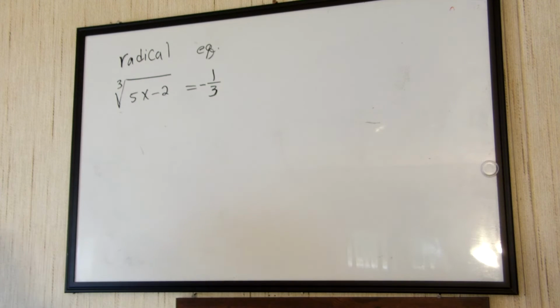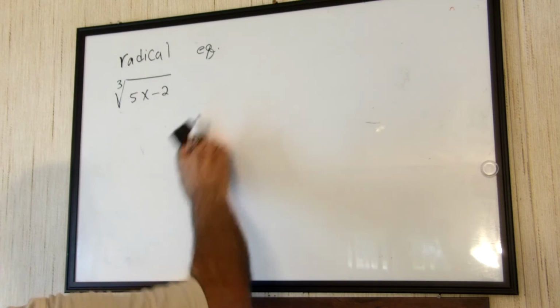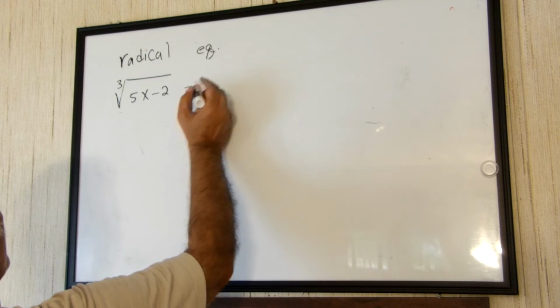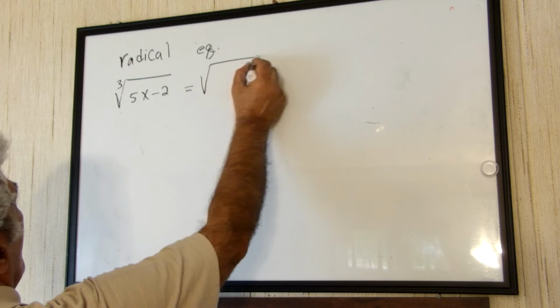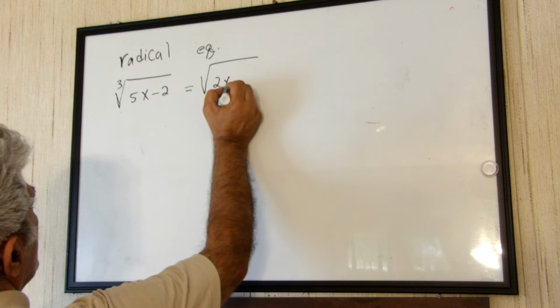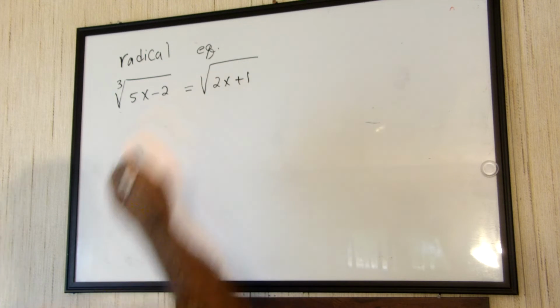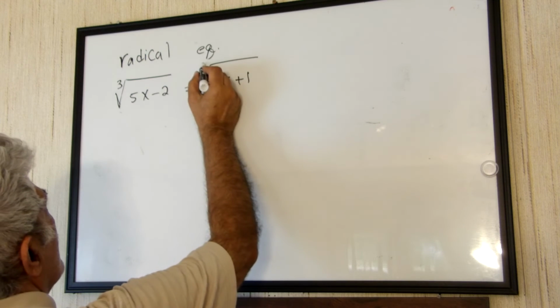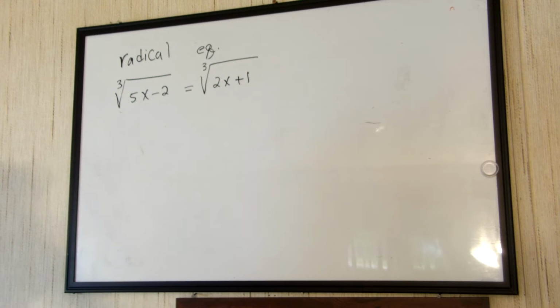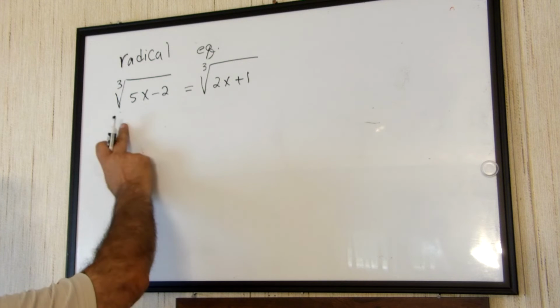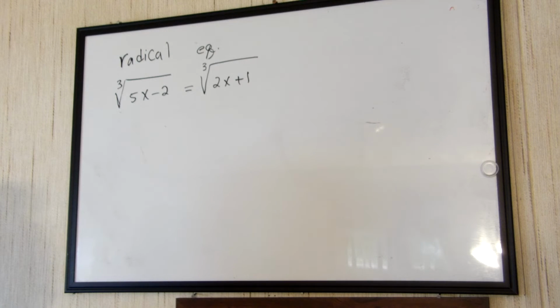So let's find another one. Let's solve another one. If this one is equal to 2x plus 1, for example, and this one should be a power of 3, because otherwise in solving this we're going to have a problem. It says solve this one.